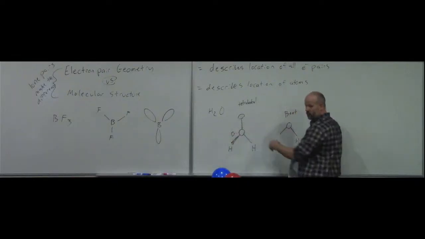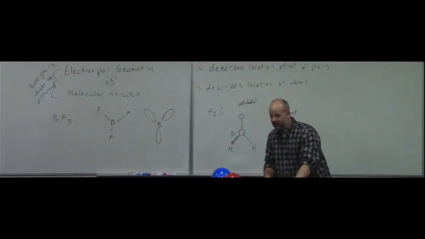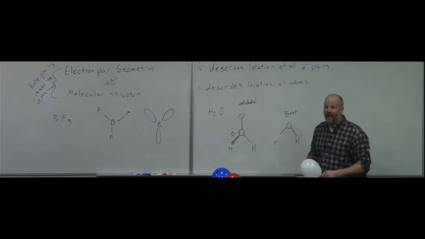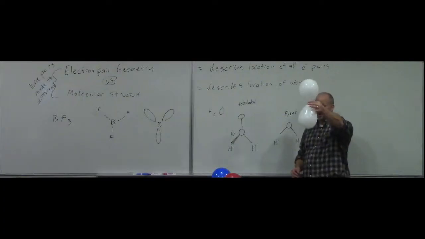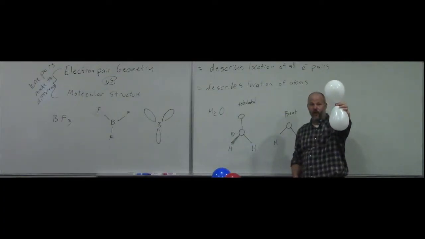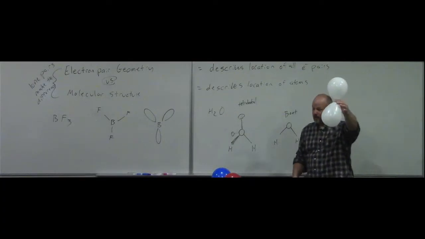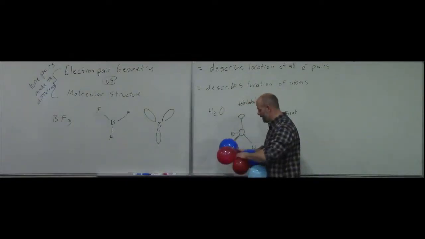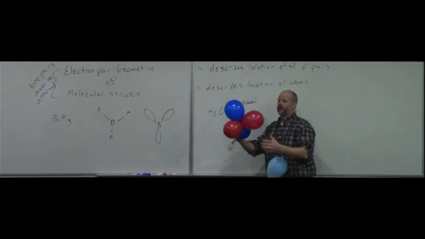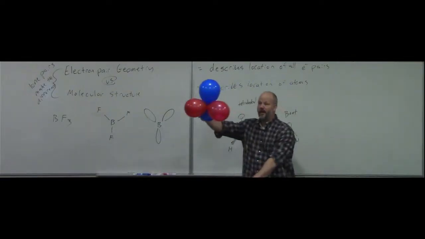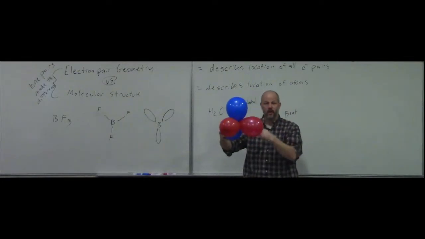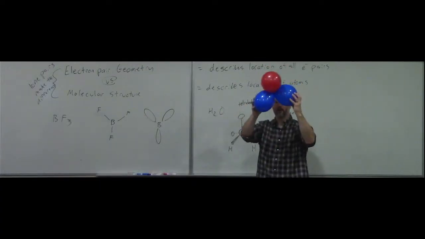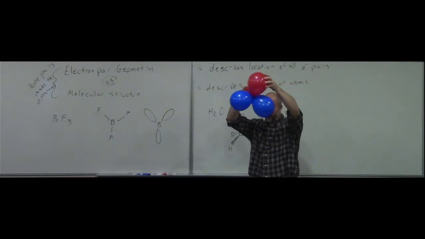If this was an oxygen and 2 hydrogens and there was nothing else, those hydrogens would get as far away from each other as they can. But because I have unbonded electrons, all in all I get 4 lobes where electrons are located, 2 where the hydrogens are, and 2 where unbonded electrons are.